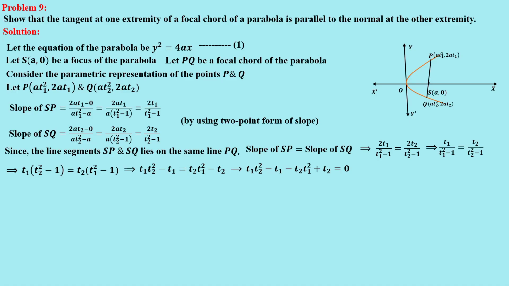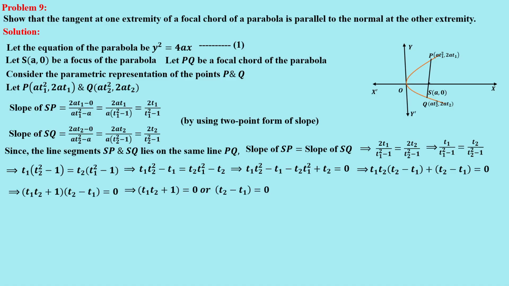In both the terms, t1 t2 is common. Take it outside, t1 t2 into t2 minus t1. Remaining terms t2 minus t1. So t2 minus t1 is common in these two terms. So we will get t1 t2 plus 1 into t2 minus t1 equal to 0.